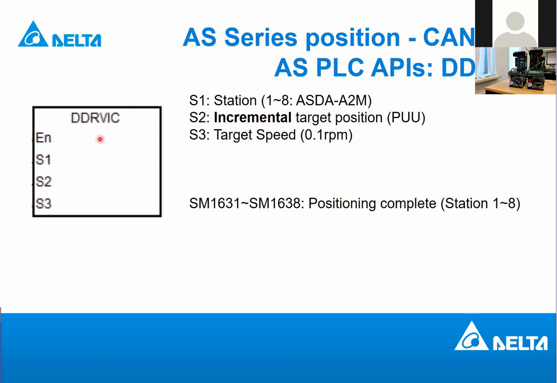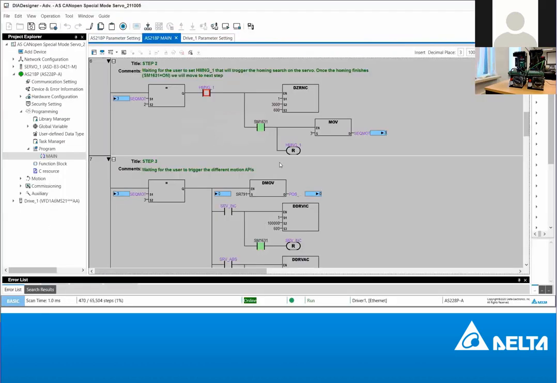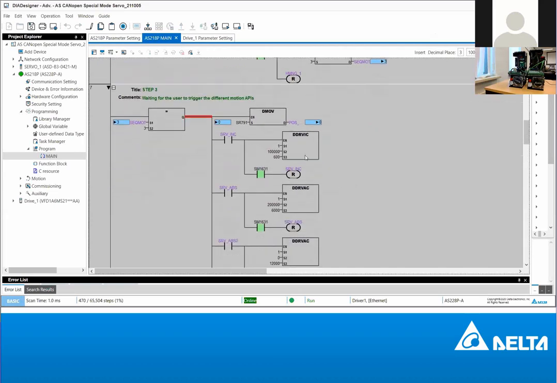This is one incremental position, and you use this API, DDROV incrementer. So your drive receives the command and increments the displacement or the position that you specify. So this is for the Servodrive. This is the instruction I just told you, DDROVIC.